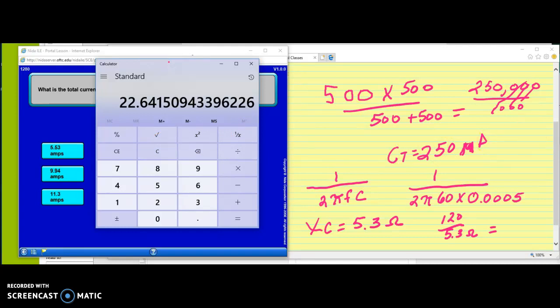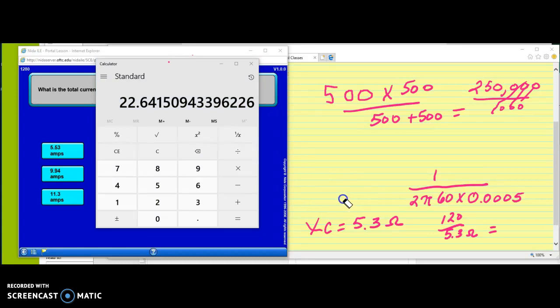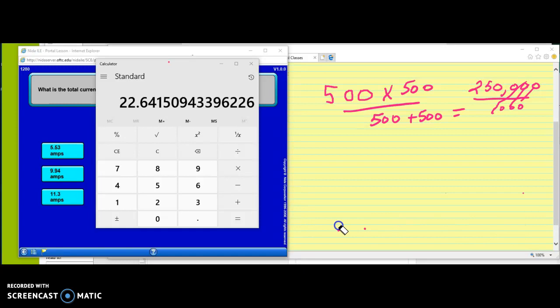So let's wipe out this and let's just start again, because sometimes that's the best thing. I tell you what we're going to do. We're not going to start completely over, but we are going to resume up here where we were. The problem was I just used the wrong value when I calculated my X of C. So when we did all this math up here, we came up with, and let's write it down this time, and that way we can refer to it and not have any mysteries.